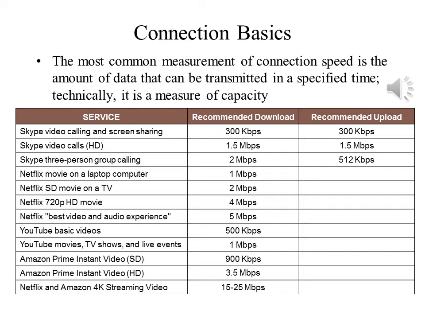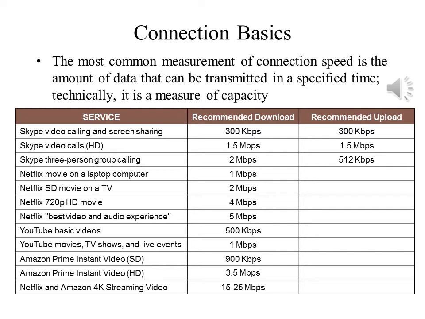The table shows you the recommended download and upload speeds for various services, such as Skype, Netflix, YouTube, and Amazon Prime Video. Most of these services recommend somewhere between 300 kilobits per second and 5 megabits per second.